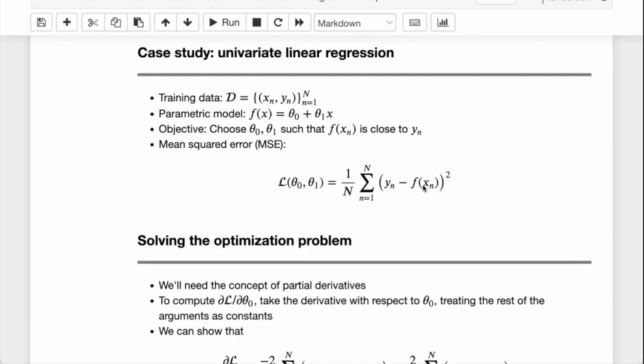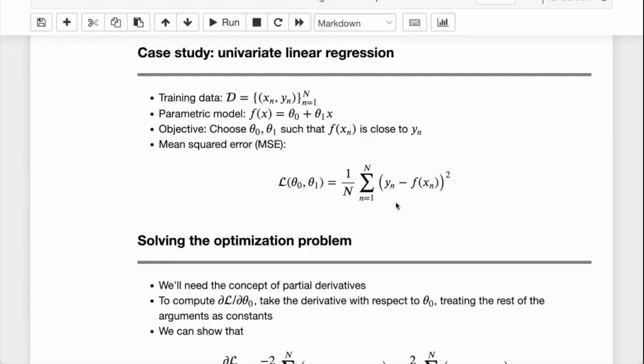Also, in one of the homework assignments, we showed that this loss function comes from the maximum likelihood estimation framework. So this means that this optimization problem that we have here to minimize the value of this term over theta 0 and theta 1 is actually equivalent to the maximum likelihood estimations of these two unknown parameters, theta 0 and theta 1.